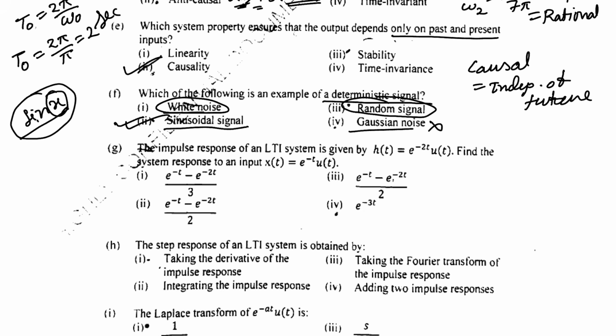Next, G. For G, the impulse response of an LTI system, h of t, is given. The input is given, and we need to find the output y of t.